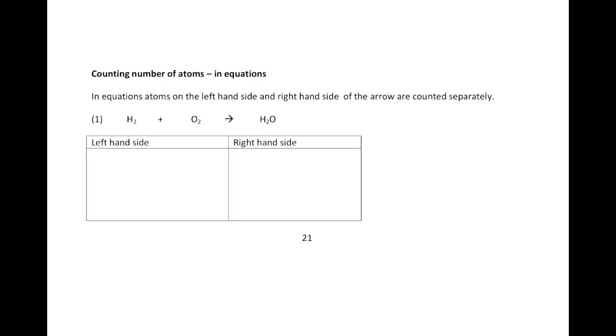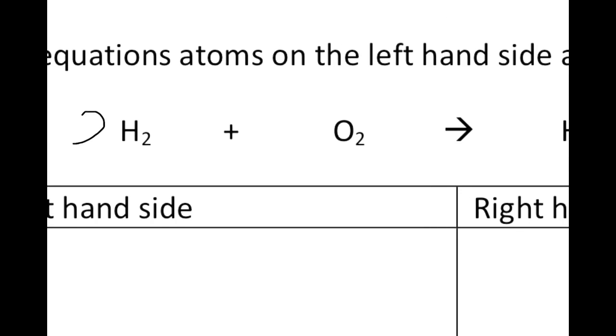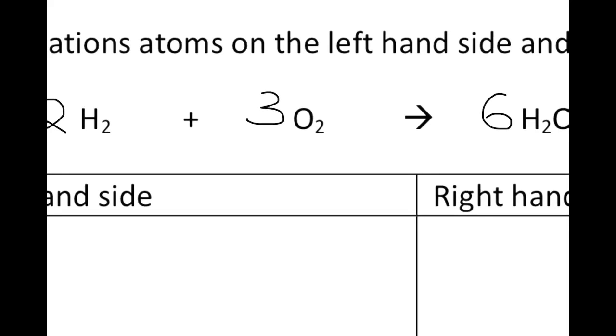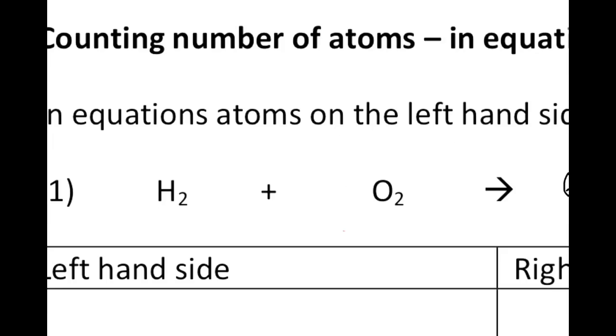And also, whatever numbers you put in front, the numbers here will multiply with the number that is given as a subscript. These are the main rules of balancing equations.